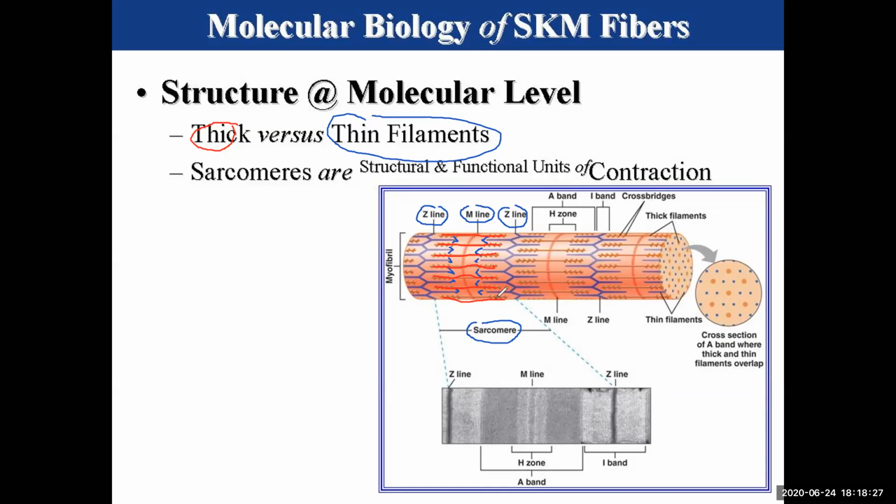Each sarcomere's length decreases due to cross-bridge formation. Like I mentioned, the sarcomere is the smallest structural and functional unit of contraction, specifically contraction of skeletal muscle fiber and cardiac muscle fiber. Like I mentioned, smooth muscle is a little bit different.